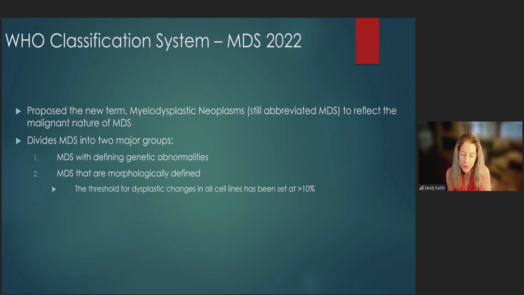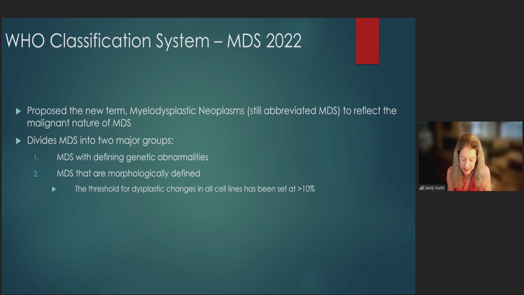And as we go through the nomenclature, when we talk about molecular and cytogenetic abnormalities, that is a part of the definition of a neoplasm or cancer. So really, this is the push in part, and then really defining these diseases by those genetic abnormalities in addition to morphology.